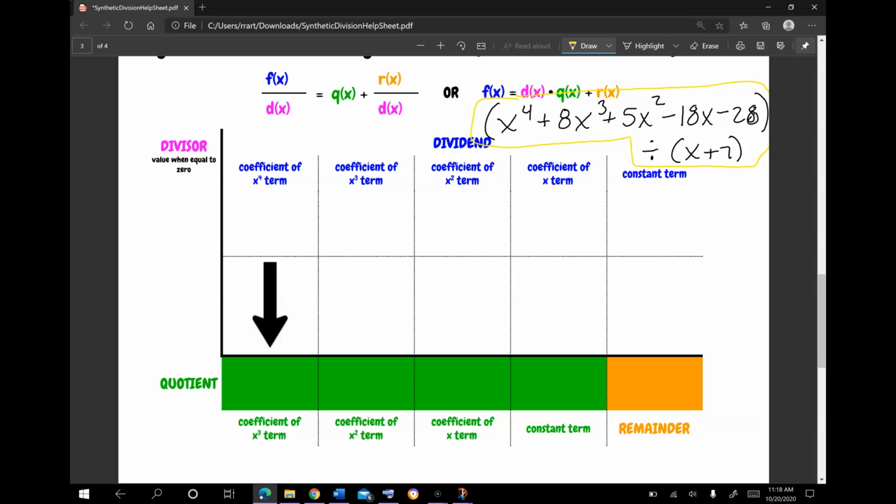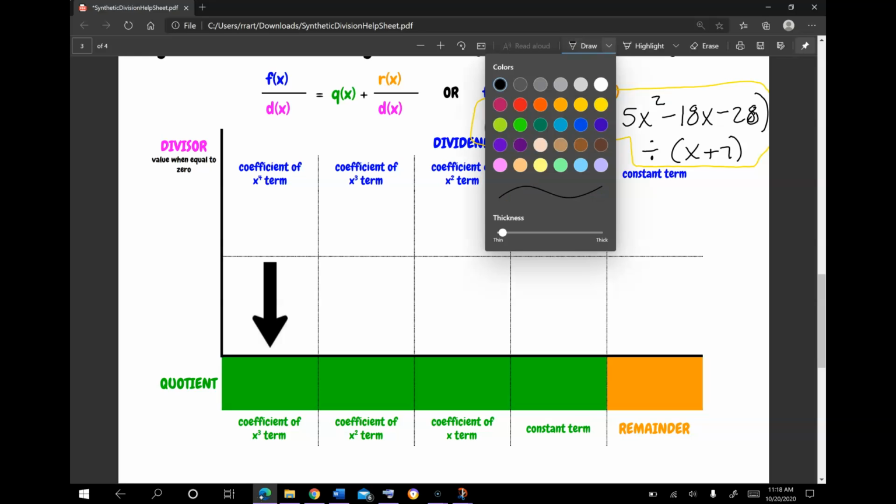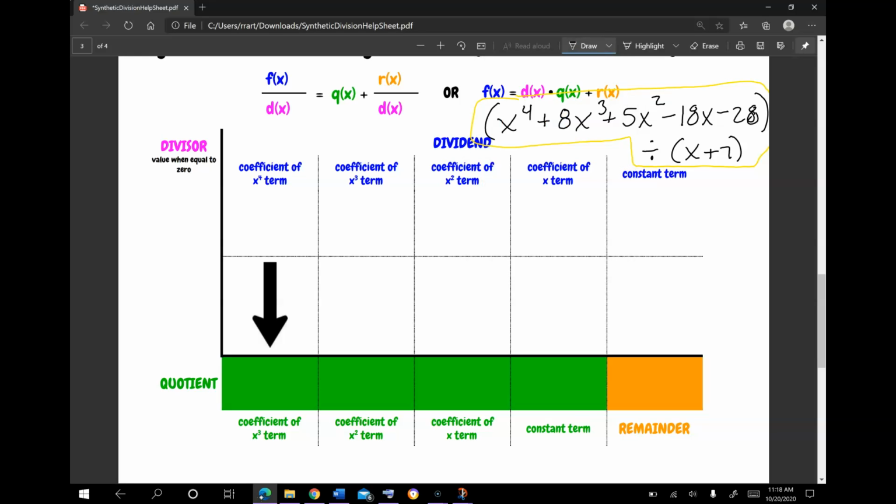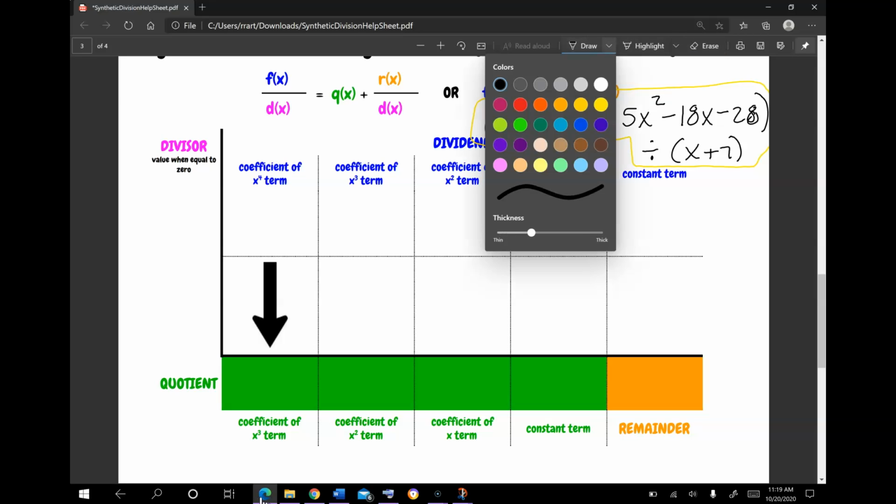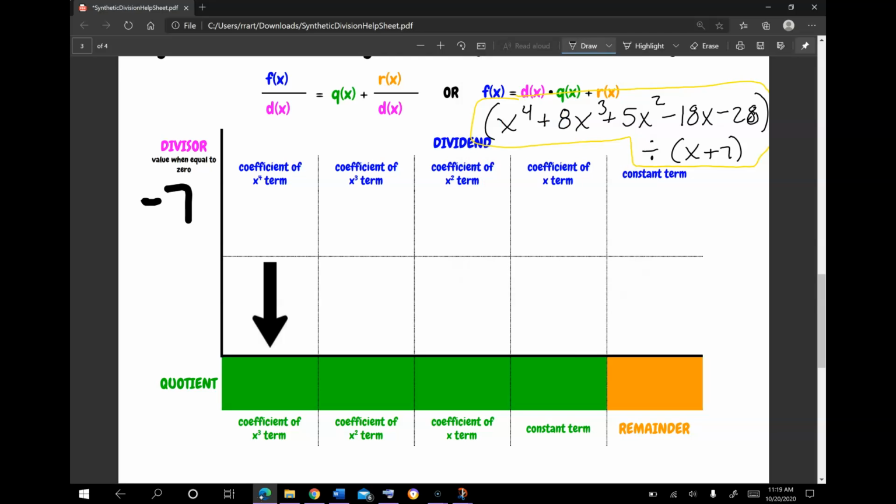So step 1 states that we need to put our known divisor over here. Now, this is x plus 7, so it's going to be -7 over here. Let's make this a little bit thicker so we can see it. There we go. So we're going to put -7 right here.